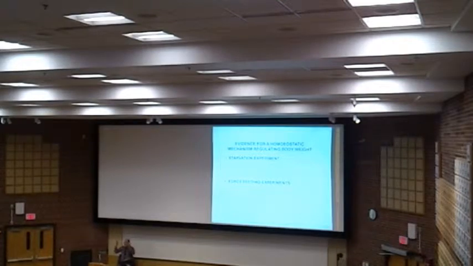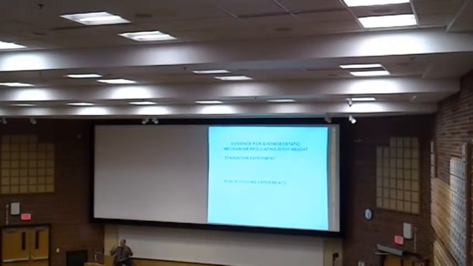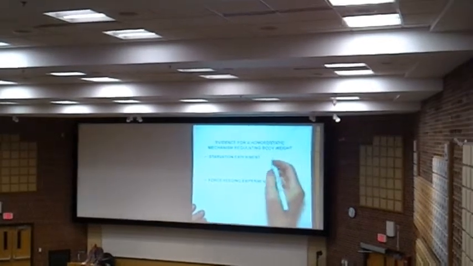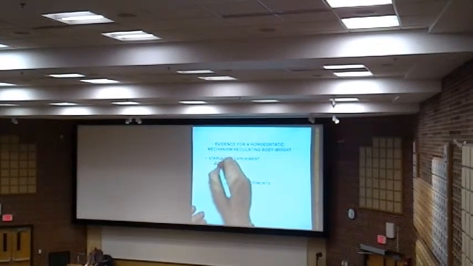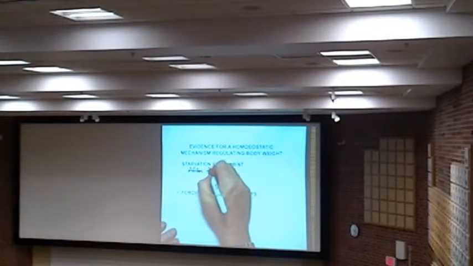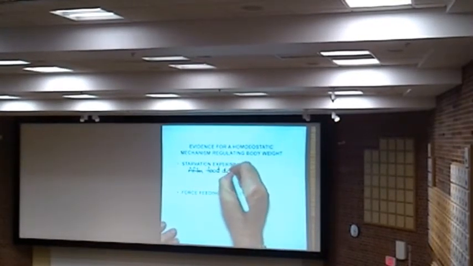Or at least animal models show this, returning to almost exactly the previous level that it was. So we can say starvation experiments. After food deprivation, there is a decrease in fat and weight.